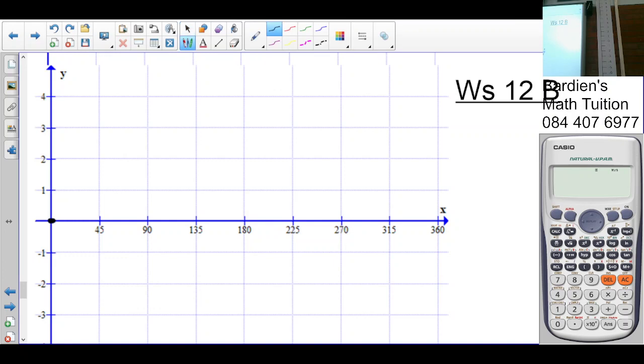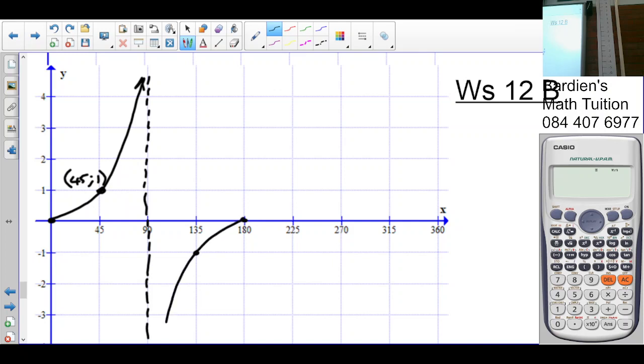So 0 is 0, 45 is 1. At least one of the points we draw, we write on the tan graph. 90 is an asymptote. So that's what the graph looks like. Comes close, doesn't touch, goes there, there. 270 is again an asymptote. 360.